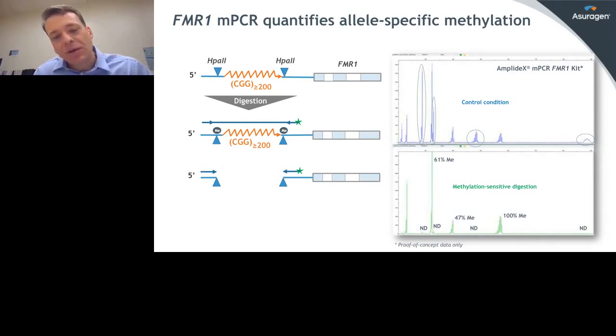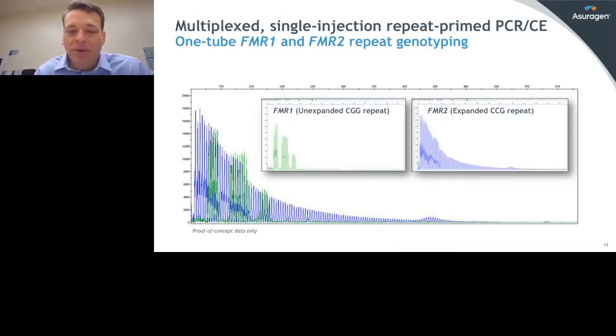So these are unmethylated alleles, and thus they're digested away, so you don't get a corresponding peak in the green trace. Those that are retained, either in full or in part, are methylated to some degree, and the relative peak intensities of these individual amplicons then allow us to quantify what that methylation fraction is.